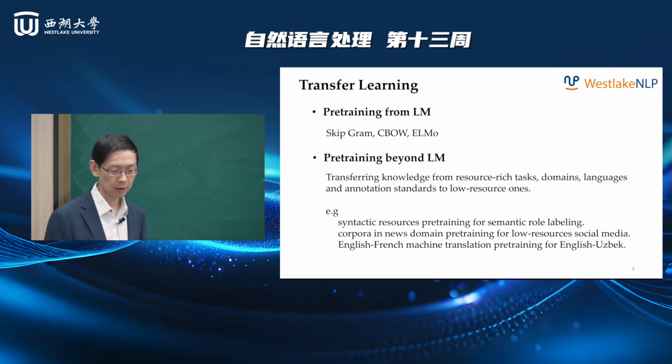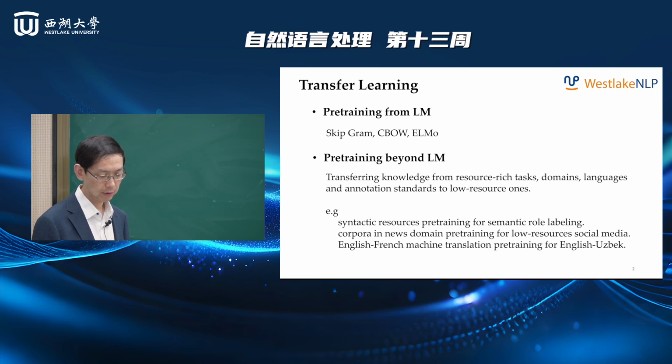Neural parameters are so general that they allow the transfer of different knowledge between different tasks. Here I list a few. We can transfer syntactic knowledge to semantics. We can transfer knowledge from the news domain to social media.